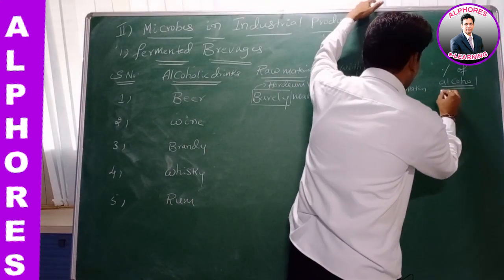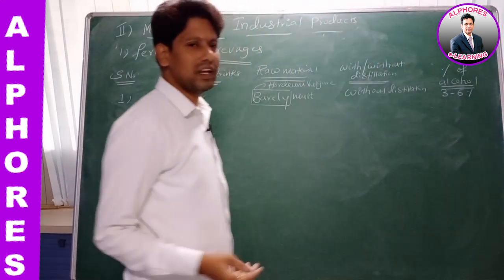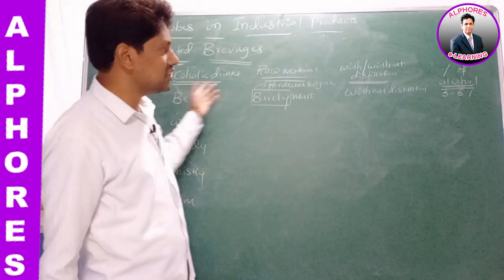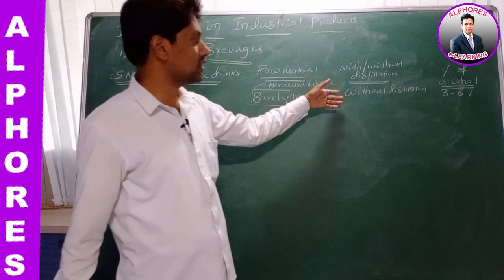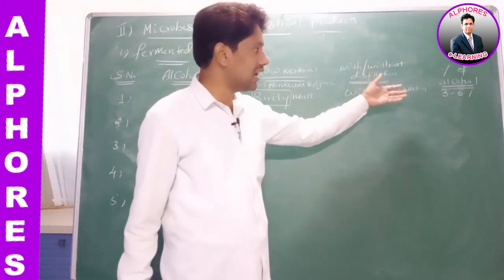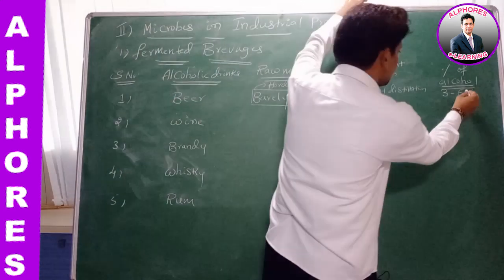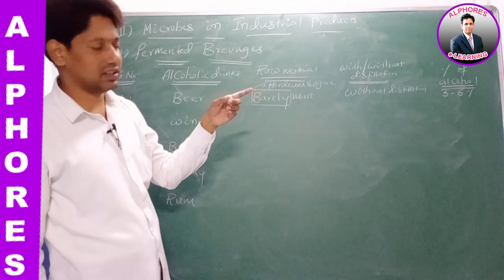Beer has 3 to 6% alcohol, which means a very low concentration. Why, sir? Because it is produced without a distillation process. It has 3 to 6% of alcohol in it.